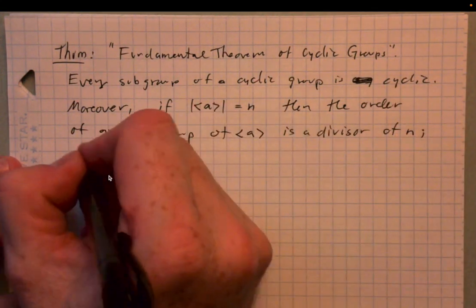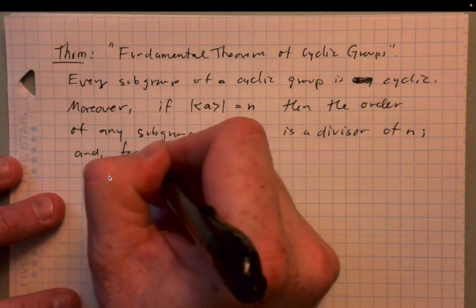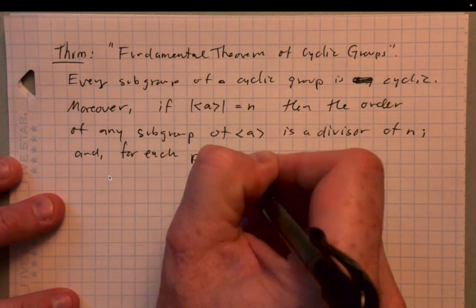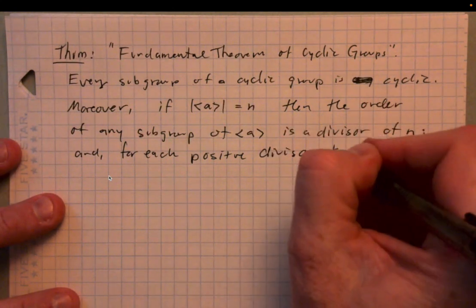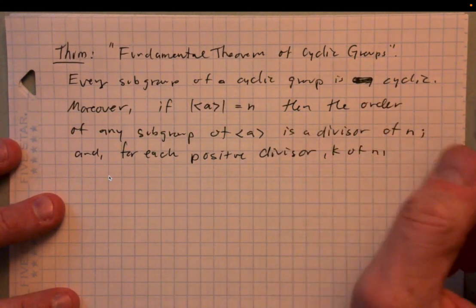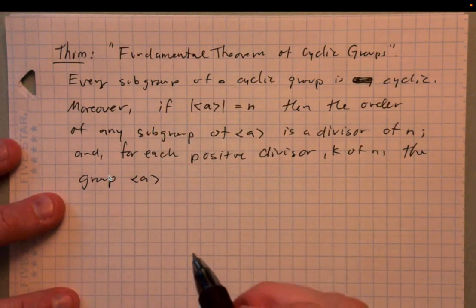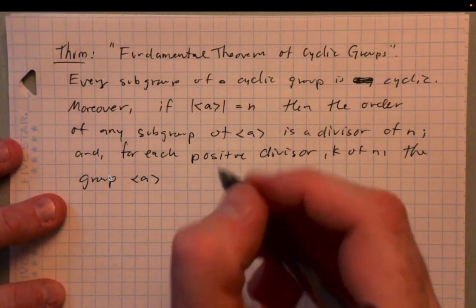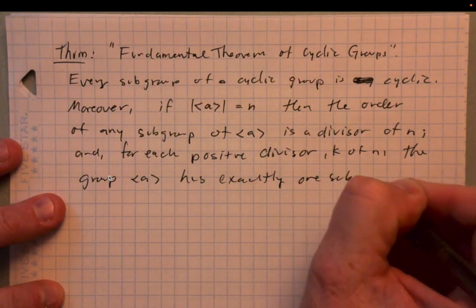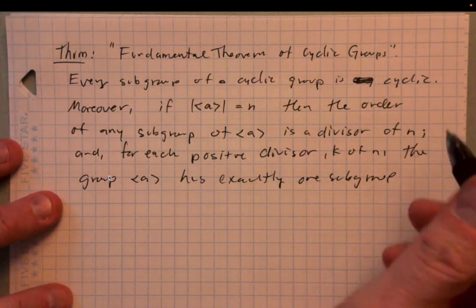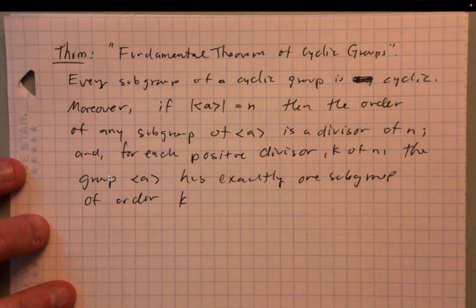And, right, for each positive divisor k of n, the group A has exactly one subgroup of order k, right?